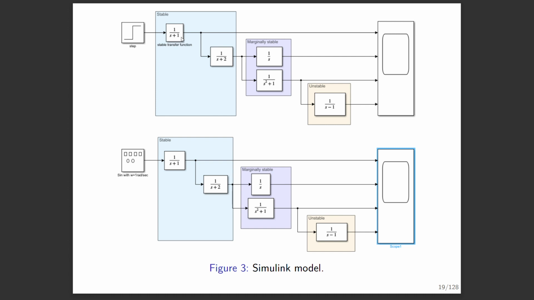stable system. If I have a stable system and give it bounded inputs, sinusoid or step, what's happening? Well, if I give a stable system a bounded input, the outputs should be bounded.